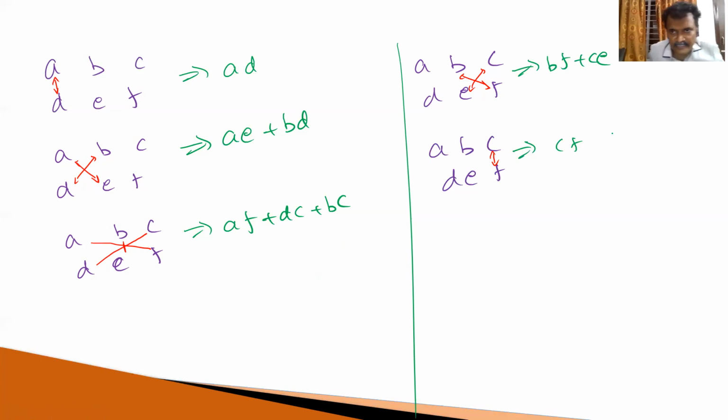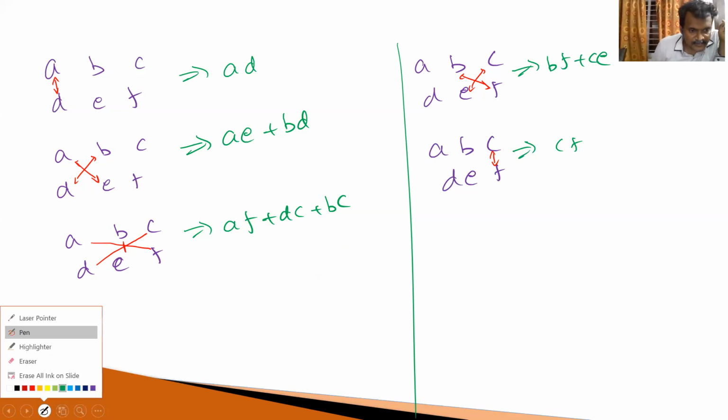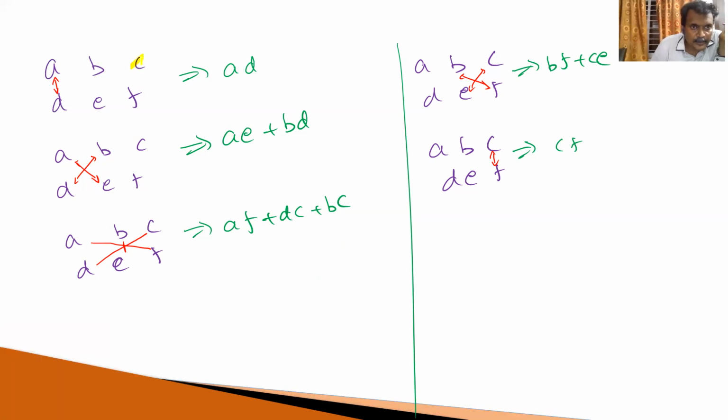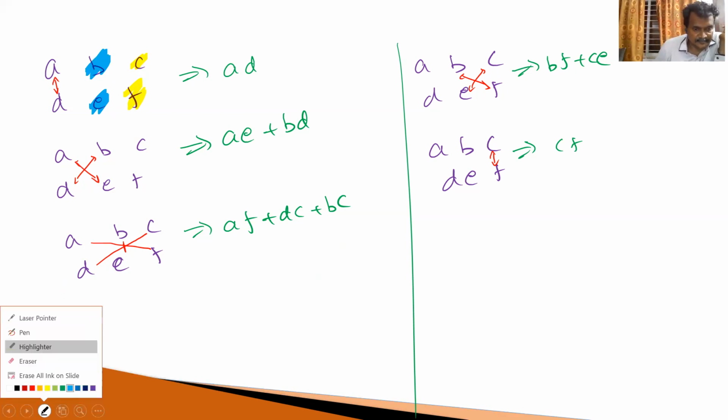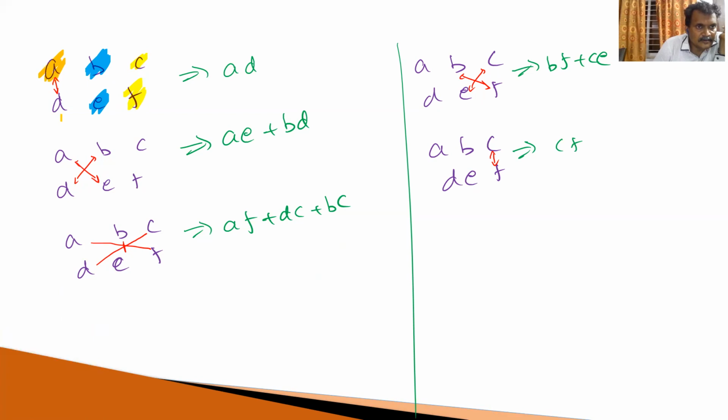Now, how to get all these things? See, if you observe, C and F are unit digits, B and E, these two are tens digits. Next, A and D, these two are hundreds digits.